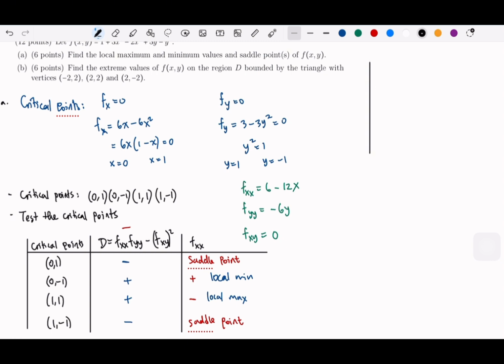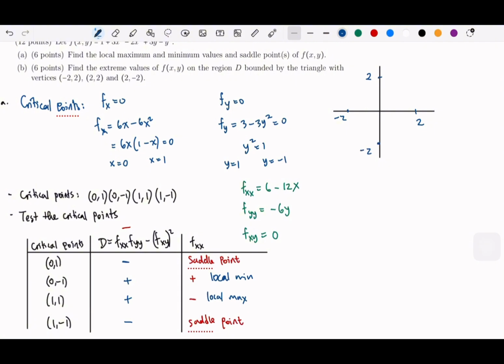Okay, we can draw the points. Suppose that we have 2 here, -2 there. This is another -2, -2.